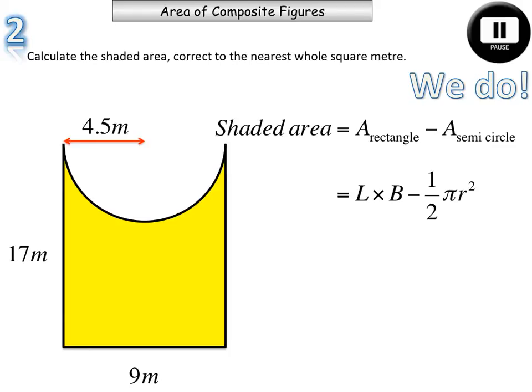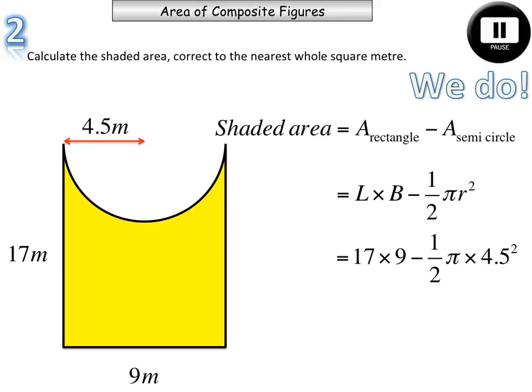Because the measurement going across here is 9, that's the diameter, the radius will in fact be 4.5. So you have to substitute 4.5 and then square it, whereas the length and the breadth would be the 17 and the 9.